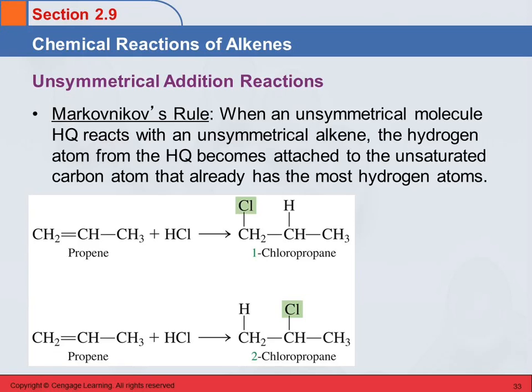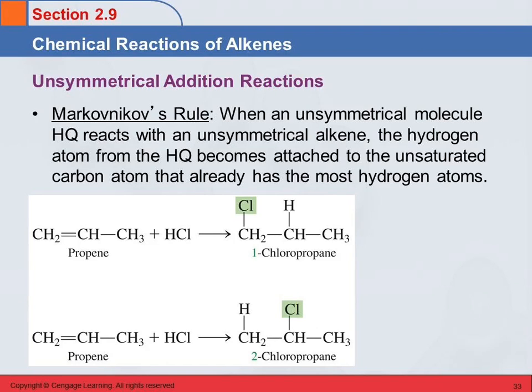Let's look at this example. So here for propene, adding HCl, what kind of an addition reaction is this? Hydrohalogenation, because of what we're adding. So there's two different possibilities here.